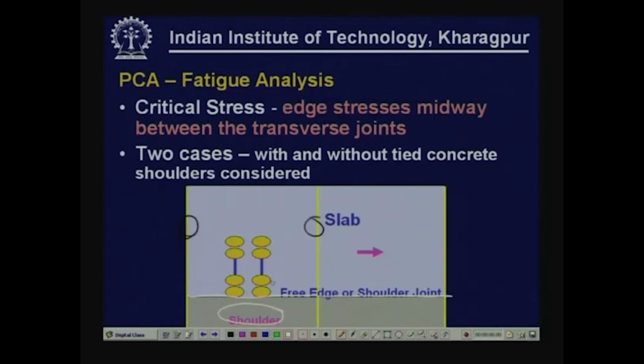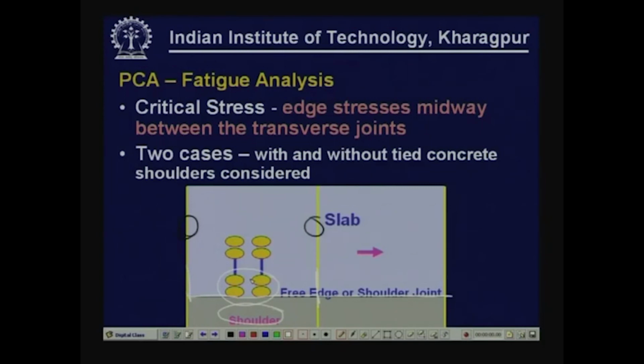When the wheel load is placed close to the edge, with the tire imprints being tangential to the longitudinal edge, and it is away from these two transverse joints, that is what we mean by midway. So, this is the position of the load that we are concerned about: the edge stresses midway between the transverse joints, in the edge region away from the joints.